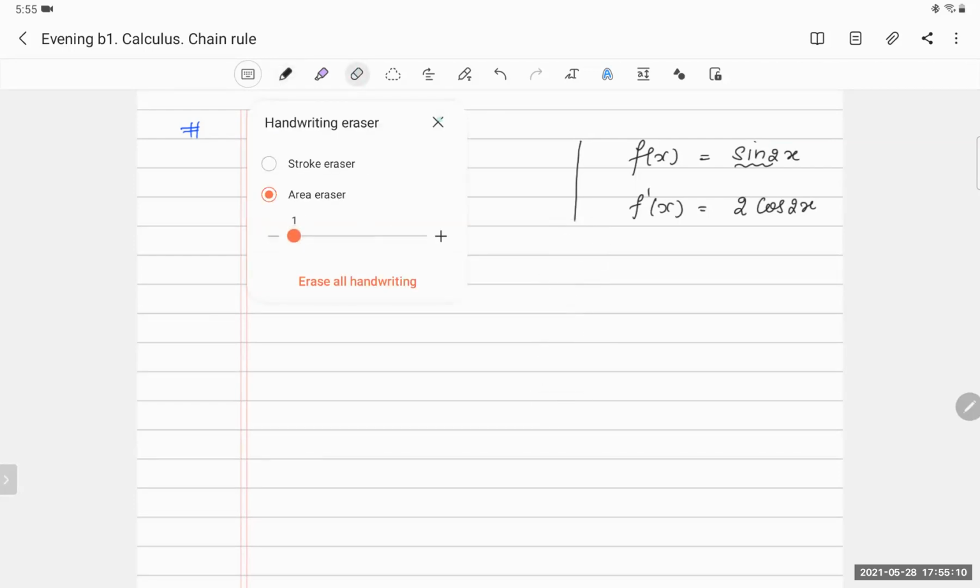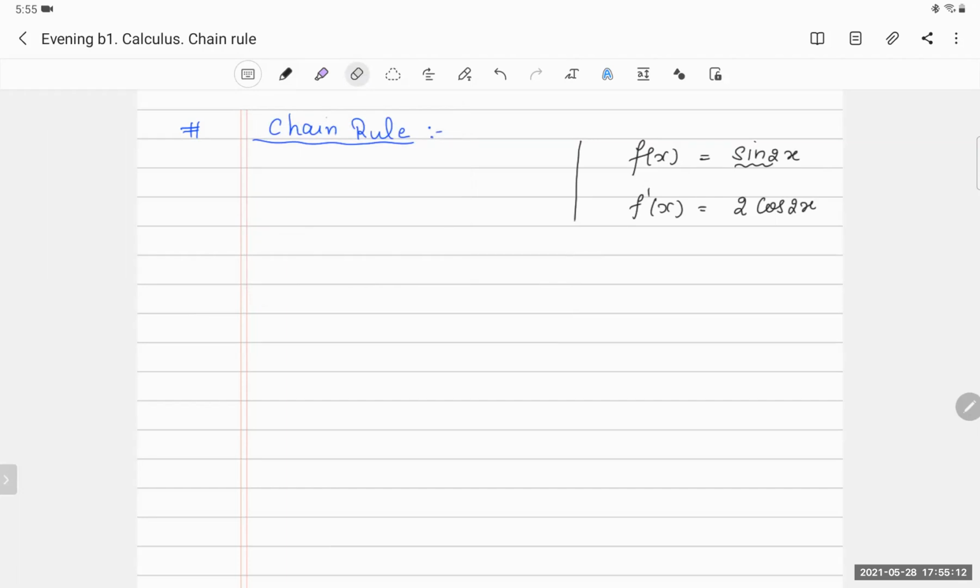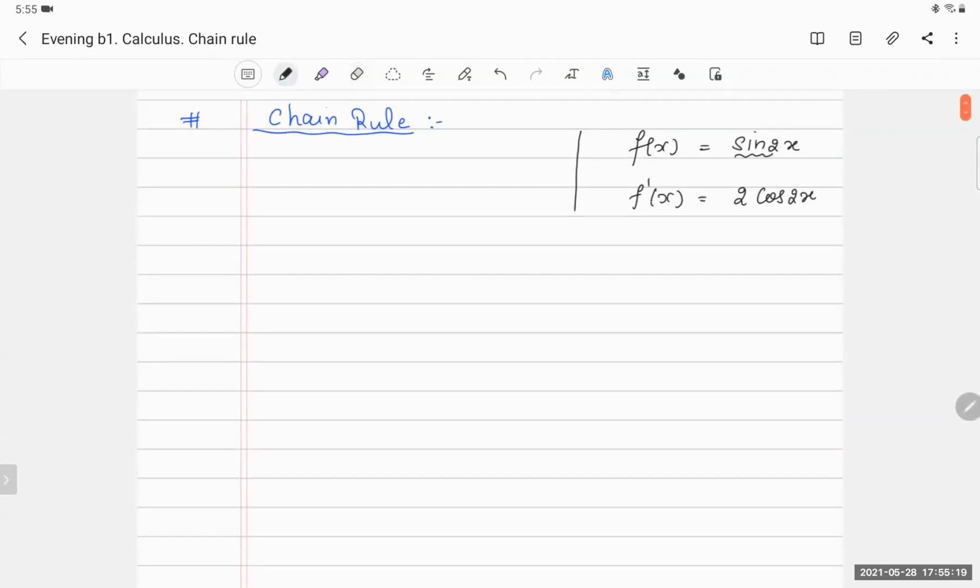an example of the chain rule. When you get a function of a function, you have some function f(x), and f(x) is a function h of g(x).